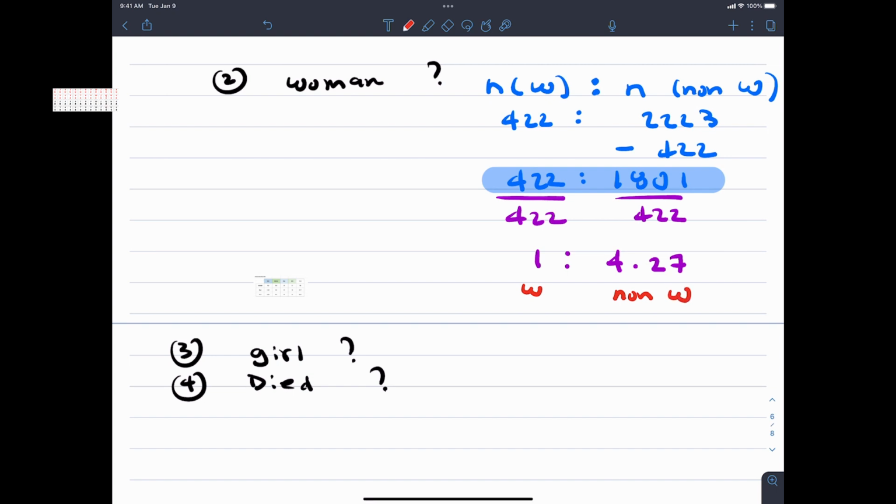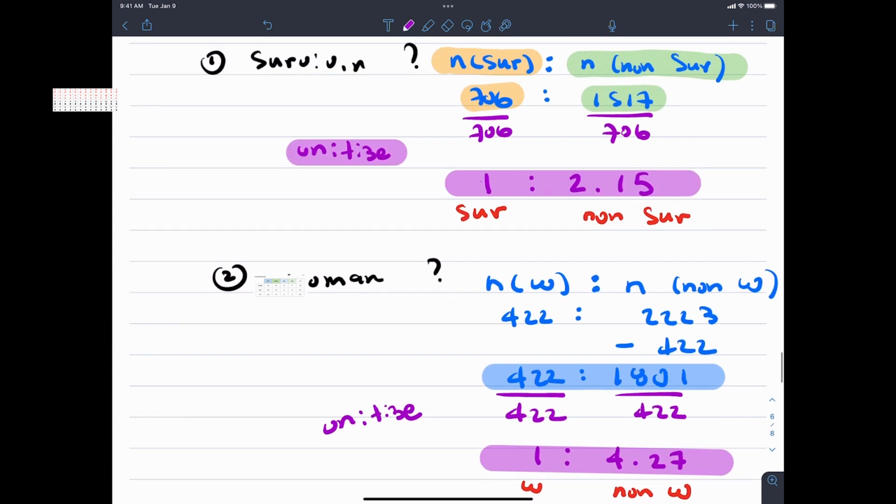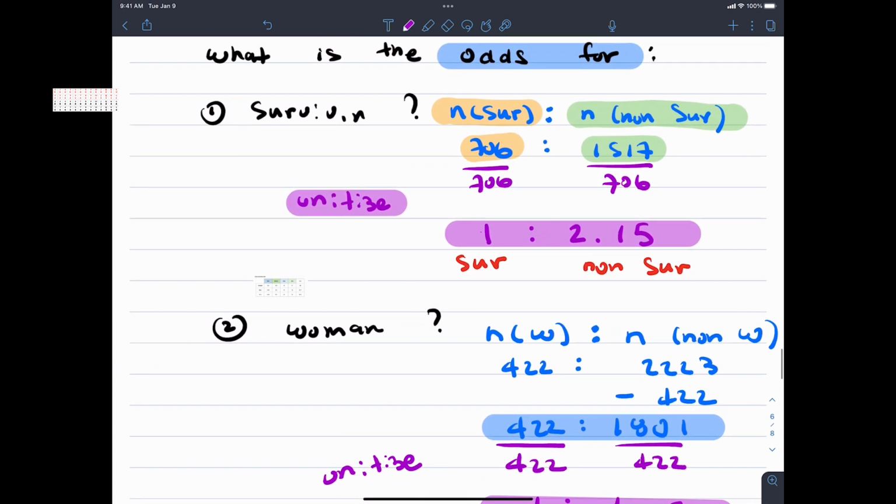Non-women. It gives you a better idea of the relationship when you unitize. So we unitize this here. One woman to 4.27 non-women. Like there's one survivor to 2.15 non-survivors.